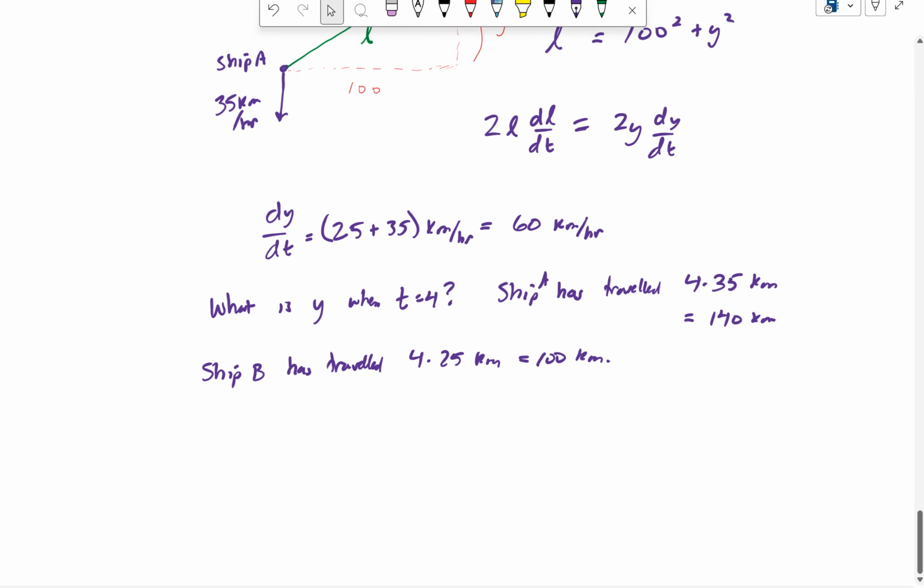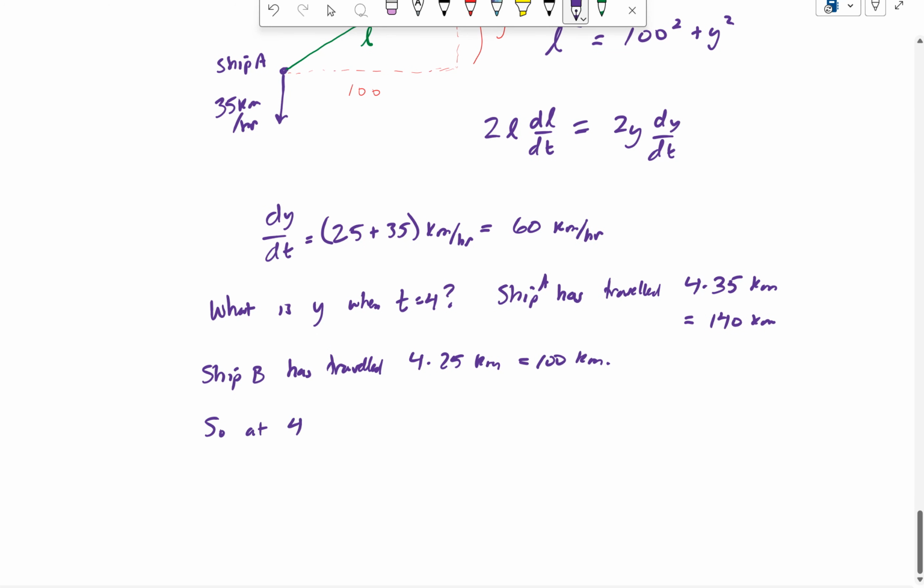So at 4 p.m., y is going to be the sum of these two, so 140 plus 100, which is 240 kilometers.